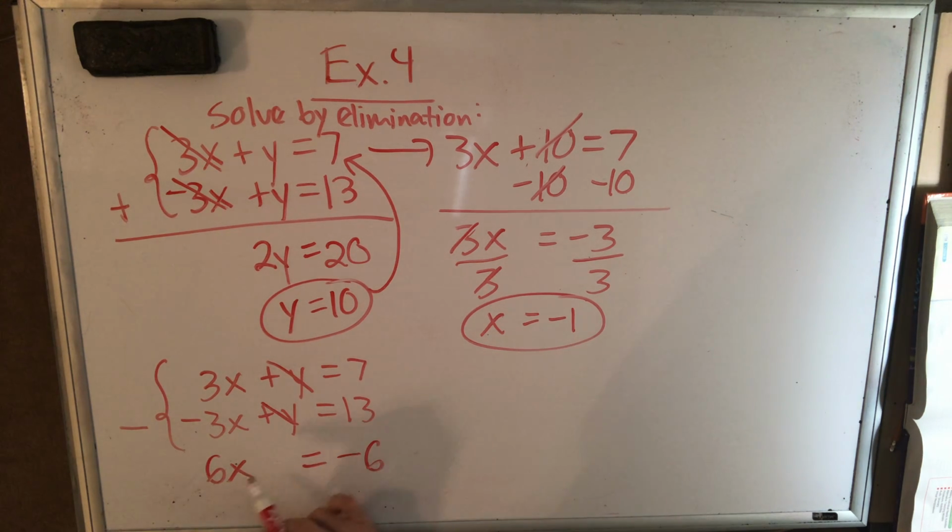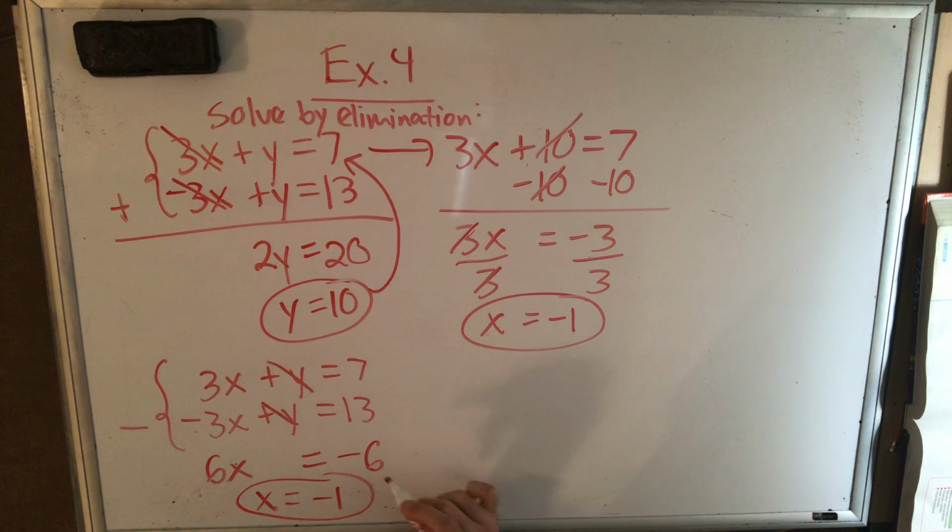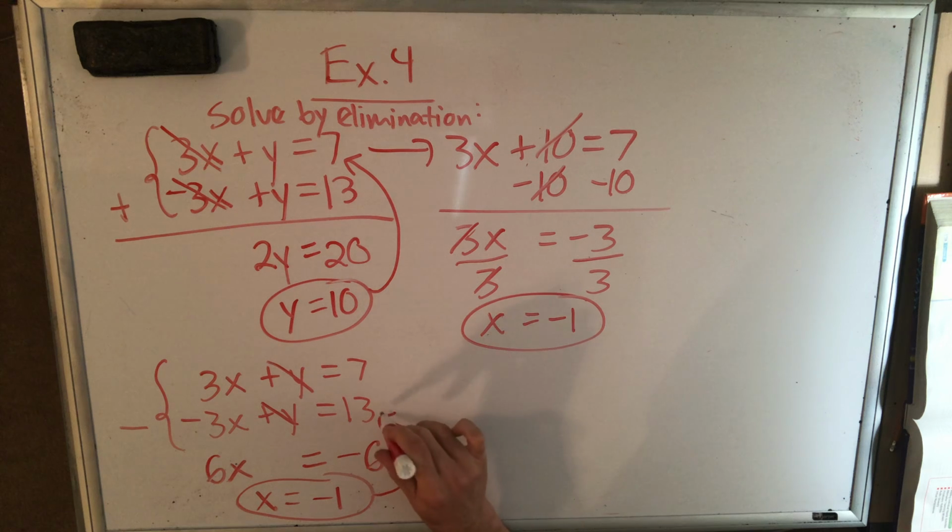And then divide each side by 6. Or you can realize that x equals negative 1 because 6 times negative 1 equals negative 6. A positive number times a negative number is always negative. And now to find y, substitute in negative 1 for x in either of the equations given to us in the problem. Let's use the bottom equation this time.